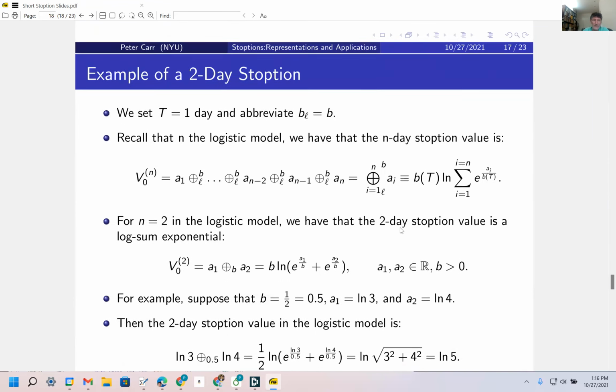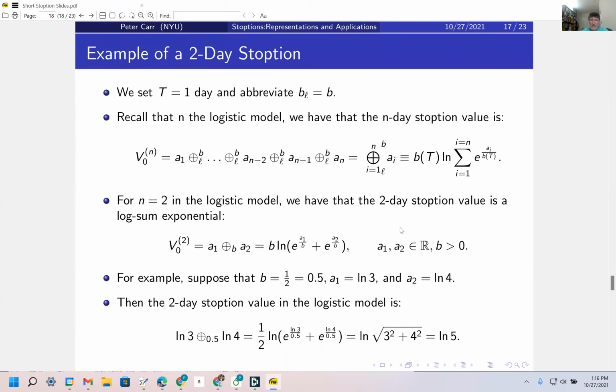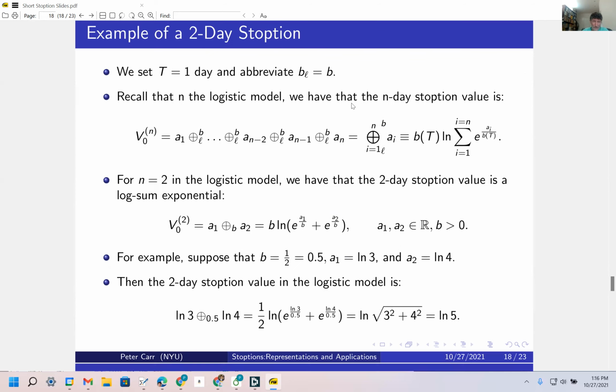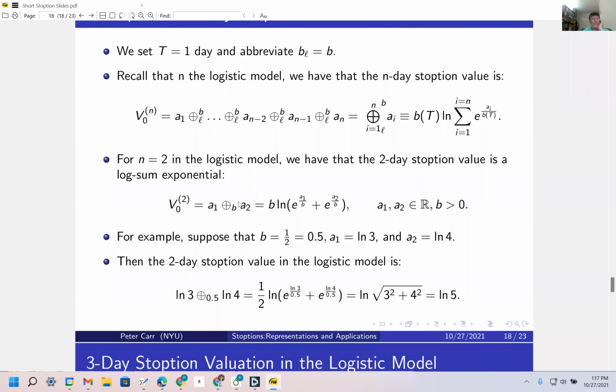Let's do some examples, and say it's a 2-day stoption. We're going to be monitoring daily, and the general formula is here as a reminder. If it's a 2-day stoption, then the payoffs are what?